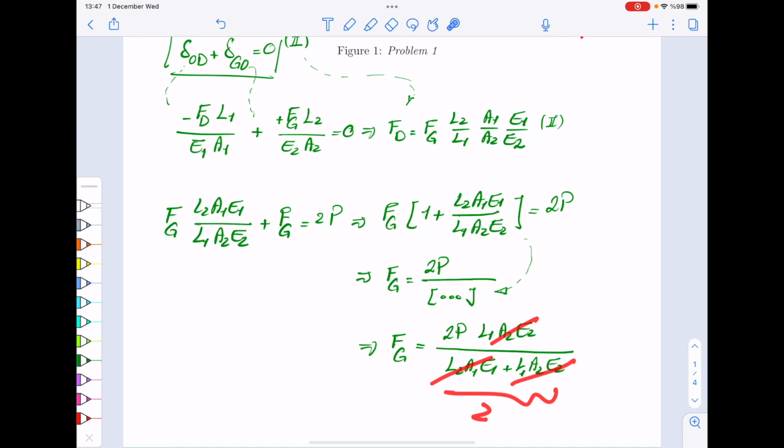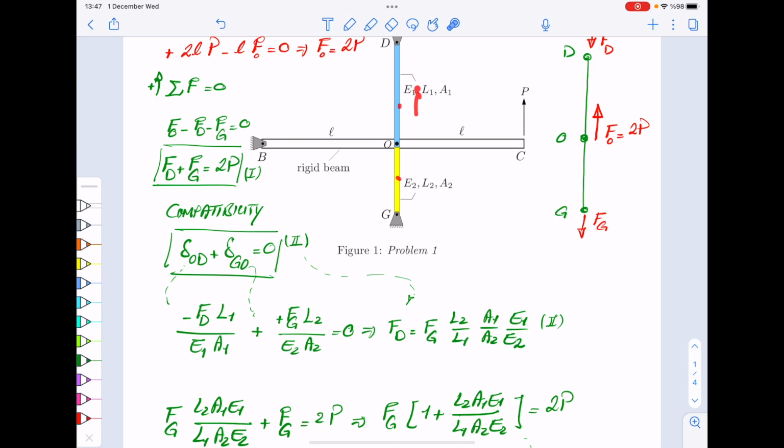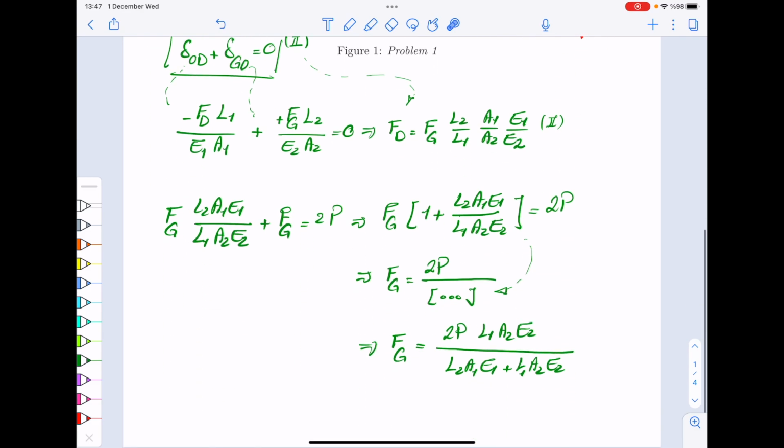So you get a 2 here, and then the force 2P would be compensated by P in each of the members. So each of them would carry P, and this would carry the whole 2P. But if they are not identical, this is the relationship you have, and you can also immediately get FD from the relationship we had before.